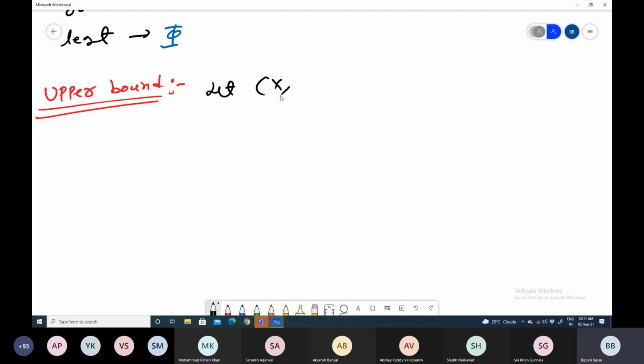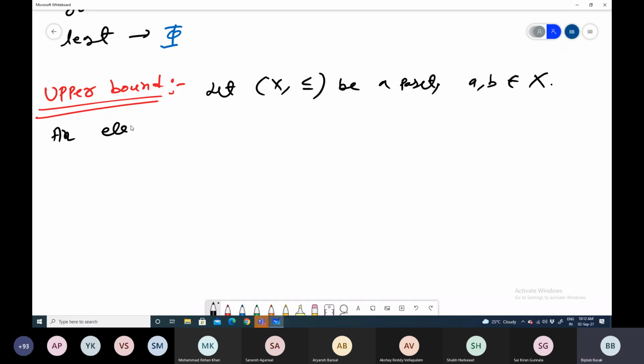Let X be a poset, and say A, B are two elements of X. It is a poset and we choose two elements.